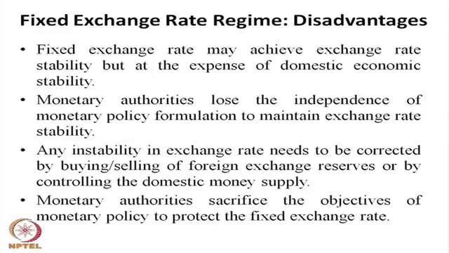So, a fixed exchange rate does not allow an independent monetary policy. Any instability in the exchange rate needs to be corrected by buying and selling of foreign exchange reserves or by controlling the domestic money supply. Because when you want to maintain stability in the exchange rate, the monetary authority needs to interfere in the domestic market by continuously buying and selling foreign assets.